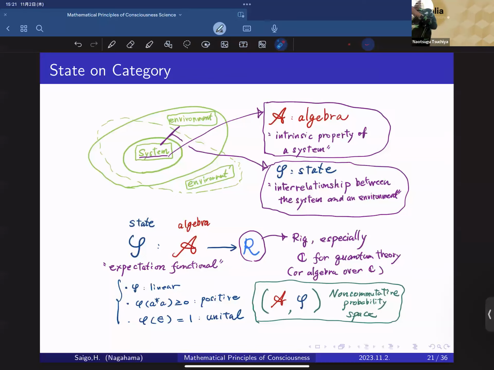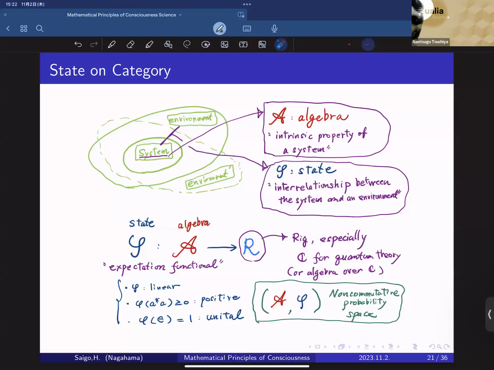Then you can suspect the deeper level of structure of this system, the so-called intrinsic system. But it is not sufficient to describe the system as it is, because a system has an interrelationship with the environment.